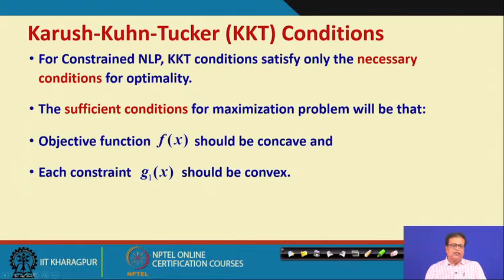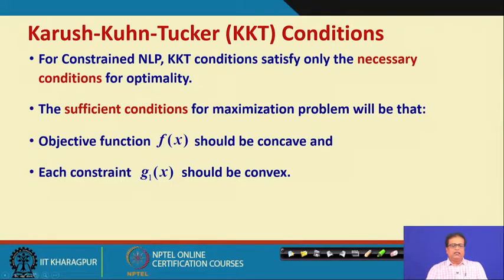That is the reason why these conditions are known as Karush-Kuhn-Tucker conditions. But just remember that these conditions are not the only conditions required for optimality. In fact, they are only the necessary conditions. So, KKT conditions are the necessary conditions for the NLP problem.